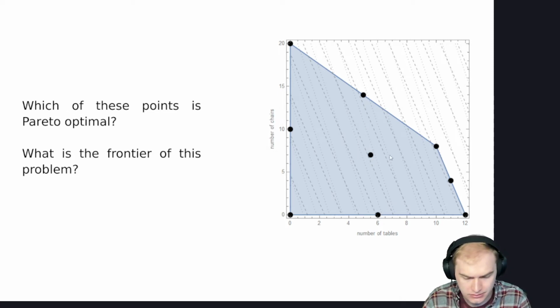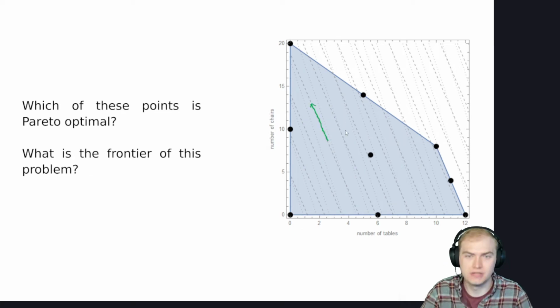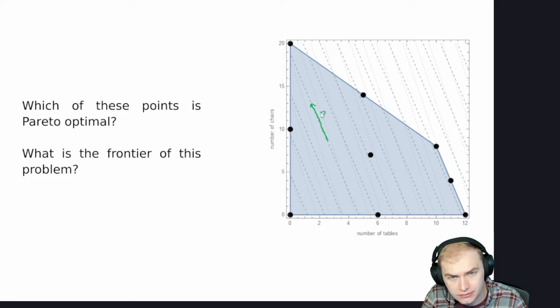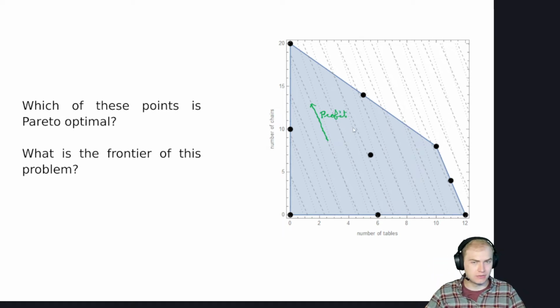So let me be a little more explicit here. This is sort of the direction of, if we move in that direction, we are parallel to the profit level set. So if we move in that direction, we are not changing the profit at all.